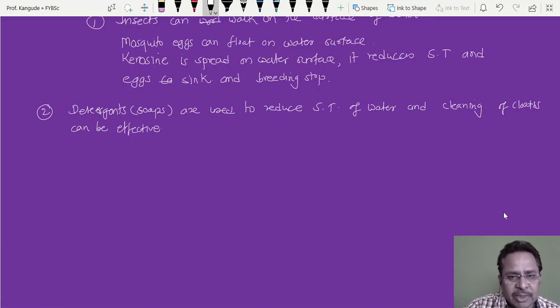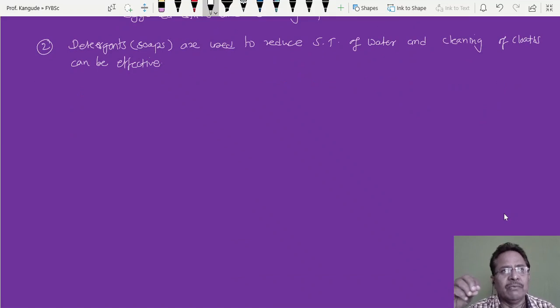So whenever detergent is added to water, the surface tension gets reduced. When surface tension is reduced, the water reaches each and every corner or smaller space inside that particular oil drop, or whatever material is there, and that can be removed very easily when water goes well inside this material.